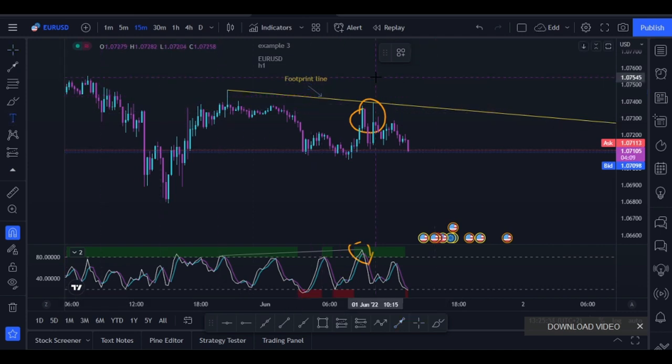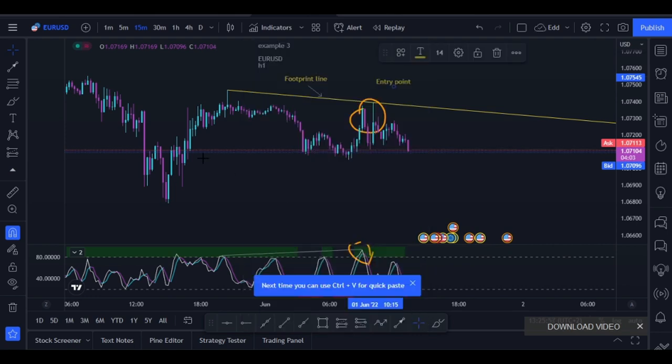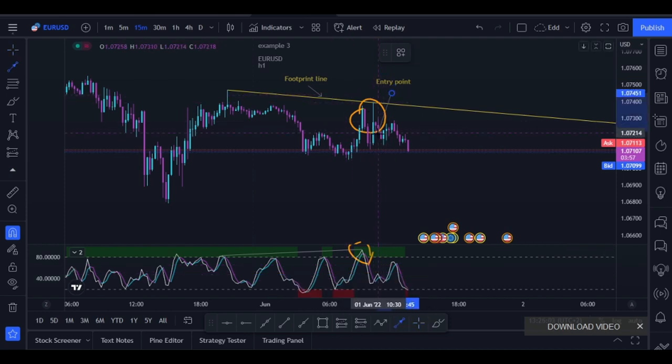Okay. Now, let's call this the entry point. Let's just draw an arrow to it. Here. Some right there. That would have been the entry point.